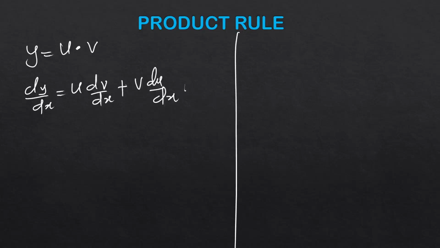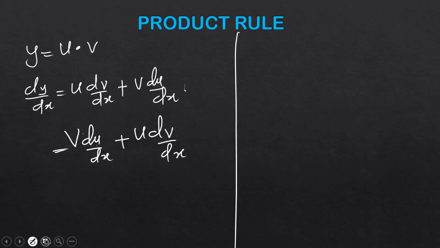I want to stress a particular thing. Whether you have it this way, or you have v comes first, v du with respect to x, plus u dv with respect to x, it is commutative. It will always be the same.